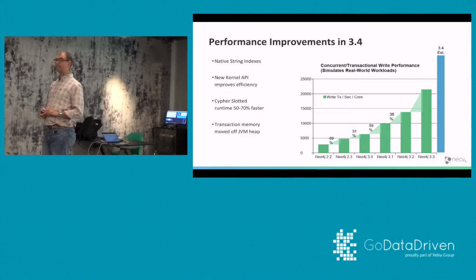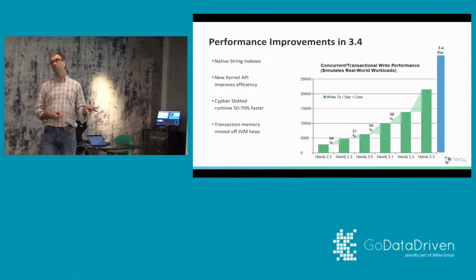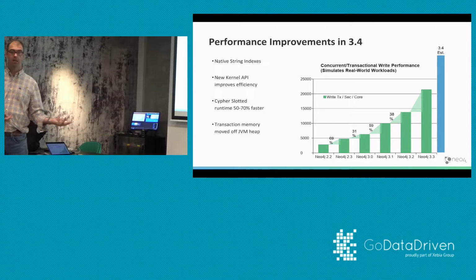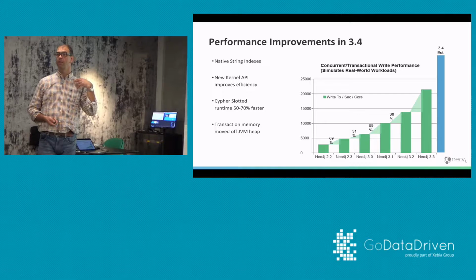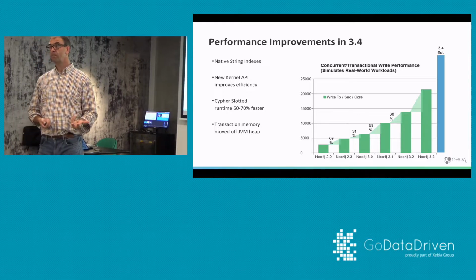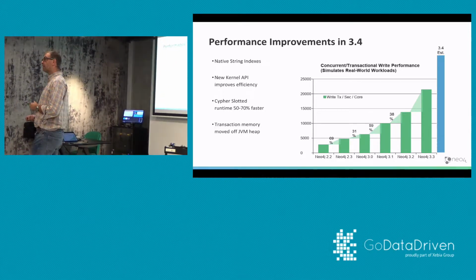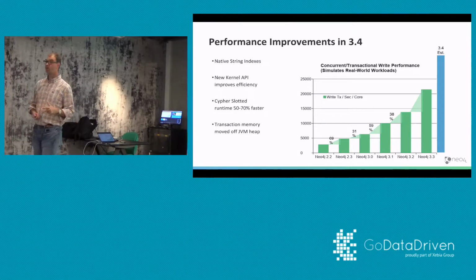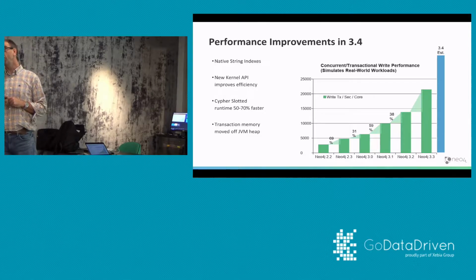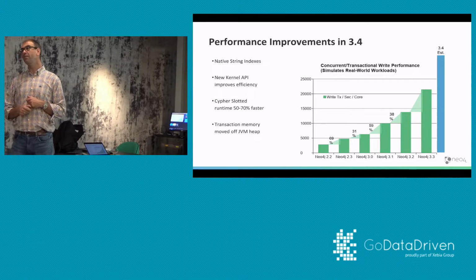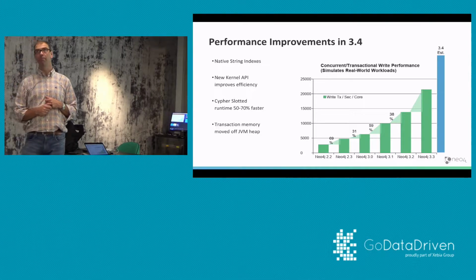But we want to use different technologies, for example, for string indexes or numeric indexes. We want a different strategy there. We've been implementing that since 3.3 and now 3.4. String indexes are a big part of what we're seeing in the write performance jump in 3.4. It's a big, big difference.